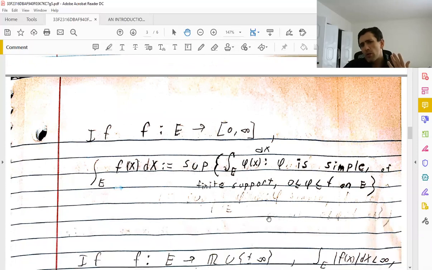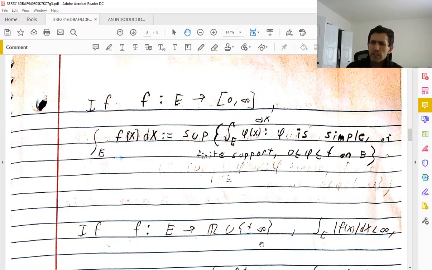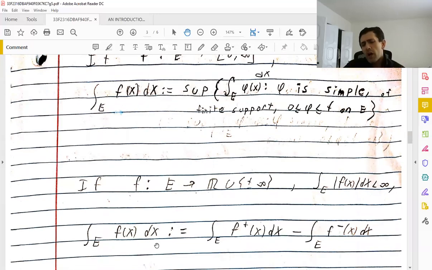Okay, so what we could do next is do exactly what we did before. If we have an arbitrary, or a more general, measurable extended real valued function that is integrable, in the sense that you take the absolute value and integrate that, it's less than infinity, then you define the integral of f of x, just like we did, as the integral of f plus minus the integral of f minus.